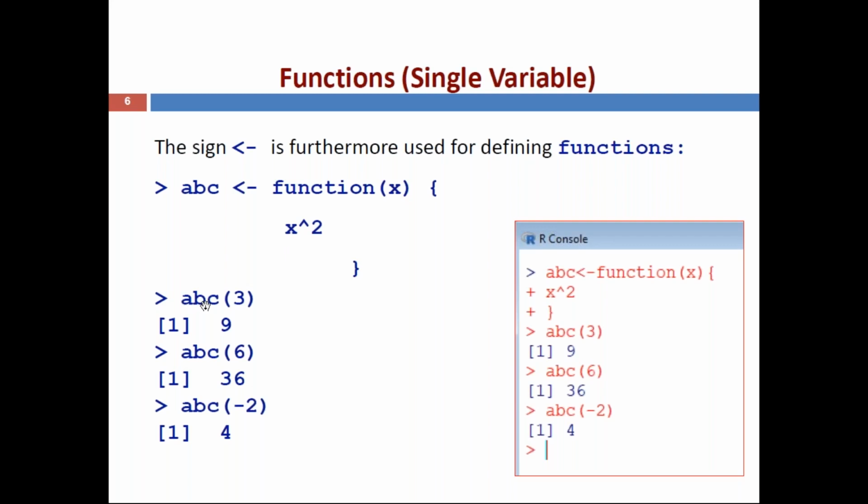For example, here you can see x equal to 3. So ABC of 3 calls the function x power 2, and computes the value where x is 3: 3 power 2, 9. That is the output. Similarly, another example, the argument x is 6, then ABC of 6 calls the function command 6 power 2, so 36 is the output.